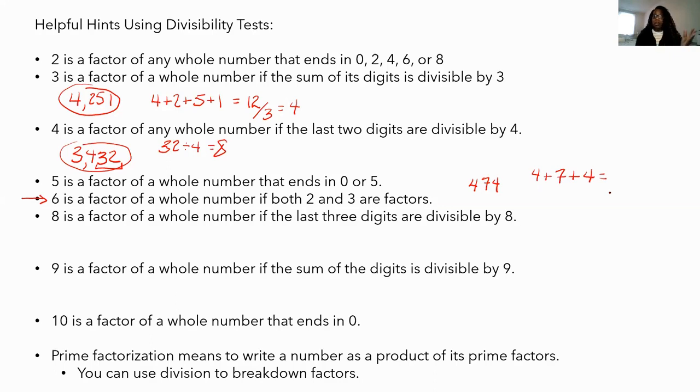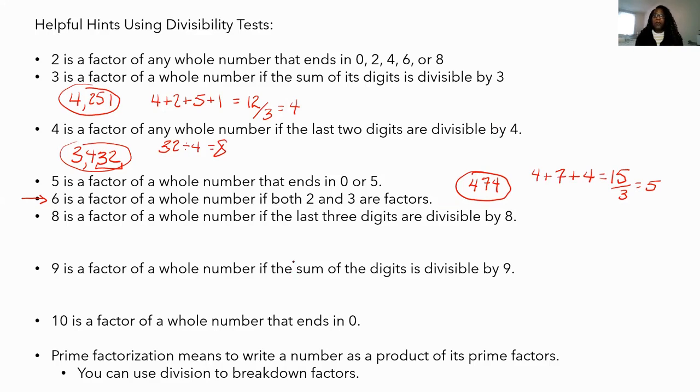Last time I checked, 4 plus 7 gives me 11. 11 plus 4 gives me 15. And 15 can be divided by 3 without a remainder, which is 5. So that means this number of 474 is divisible by 2 as well as 3, okay?